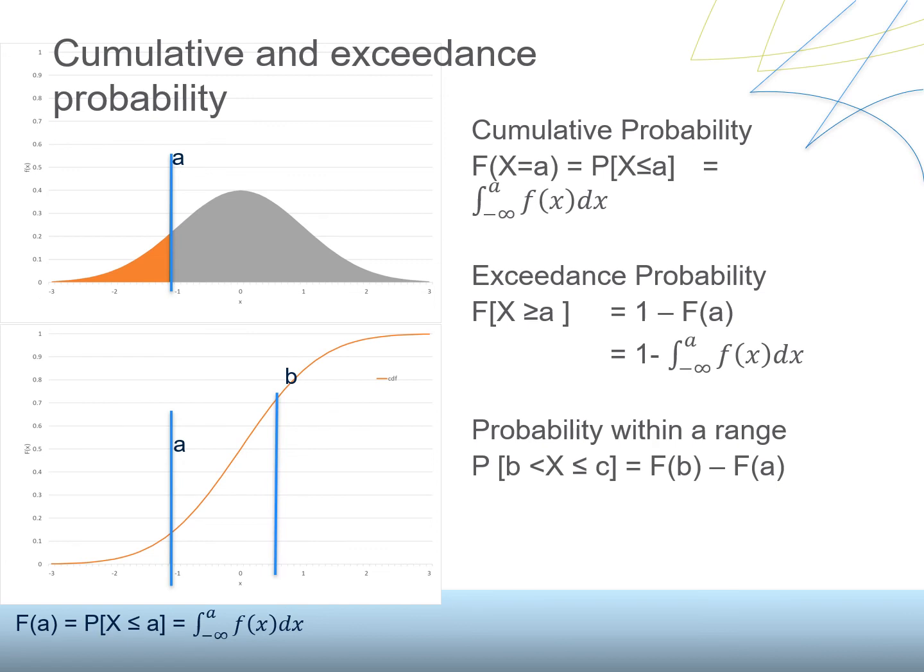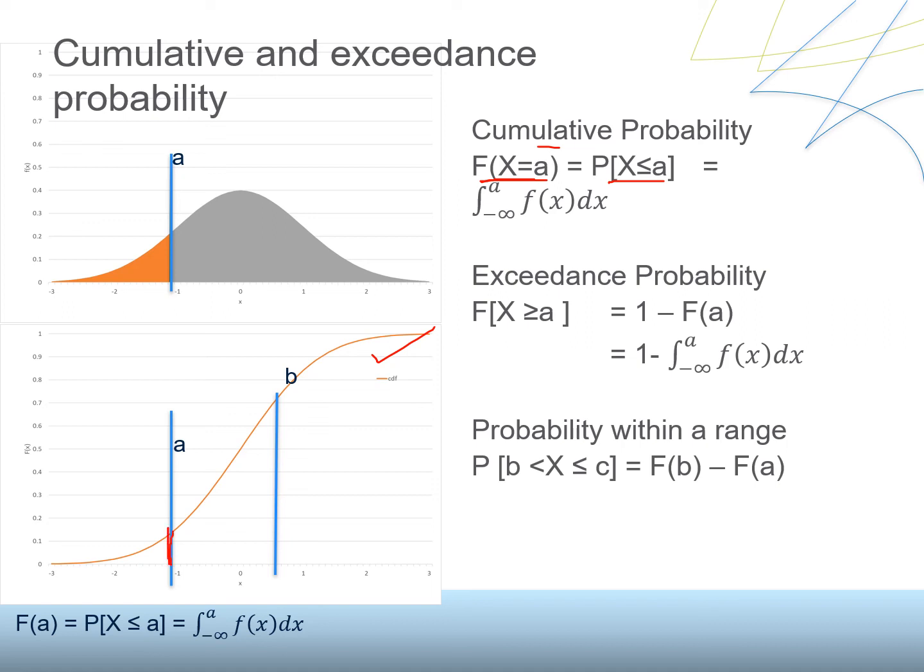So when using the cumulative probability curve, the probability of x taking on a value less than or equal to a, the cumulative probability, is F(a). So if we use this cumulative probability curve, then the value at a is the probability of x being less than or equal to a, okay?